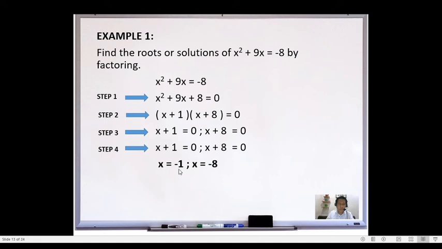This will become negative 1, and we have also x plus 8 is equal to 0, and that is x is equal to negative 8. So therefore, the roots or solutions are negative 1 and negative 8.